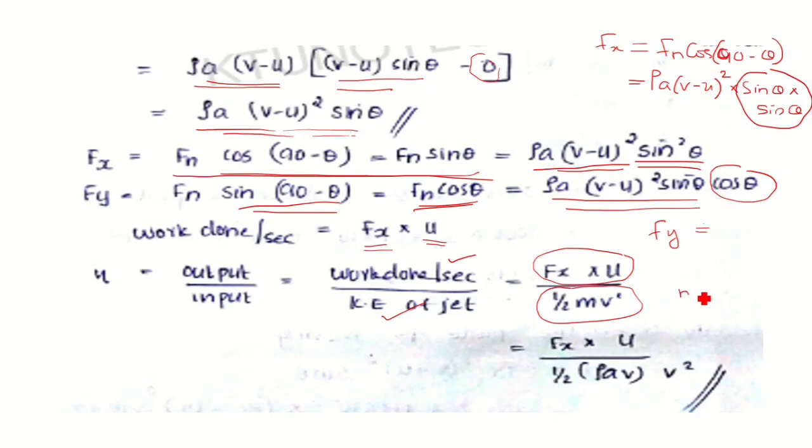We know that m is equal to rho a v, so the term will be rho a v into v square. So efficiency is F of x into u divided by half into rho a v into v square. This is the term of efficiency for this setup.